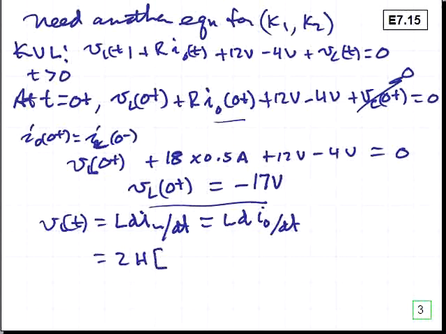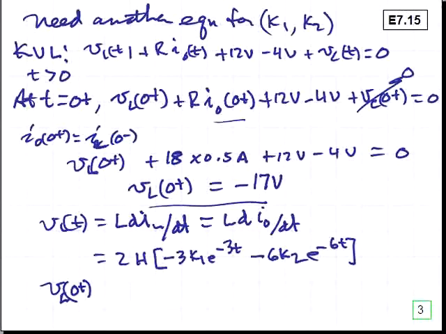Differentiating our assumed form of the current I0, we have minus 3 K1 e to the minus 3t minus 6 K2 e to the minus 6t, or for the specific situation VL at 0 plus in time, the exponential components will go to unity, and we have that VL at 0 plus is equal to minus 6 K1 minus 12 K2, which is equal to minus 17 volts from our VL at 0 plus analysis just above.